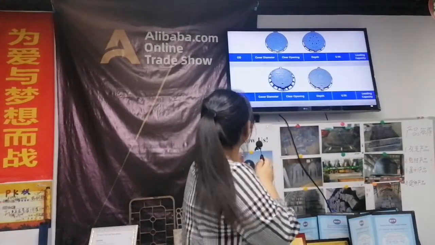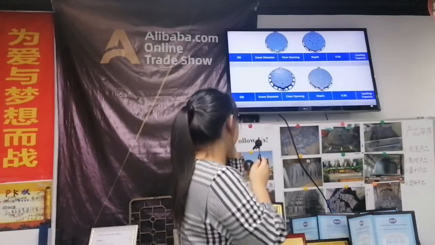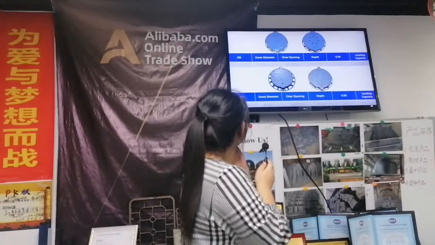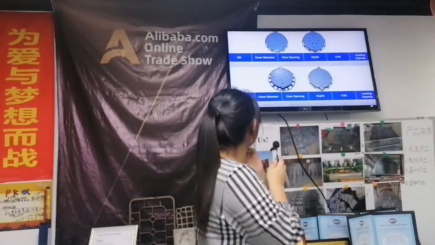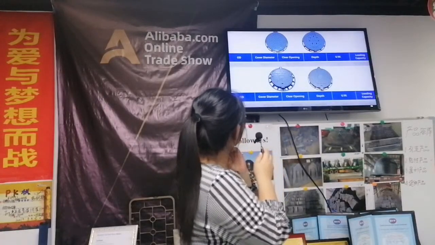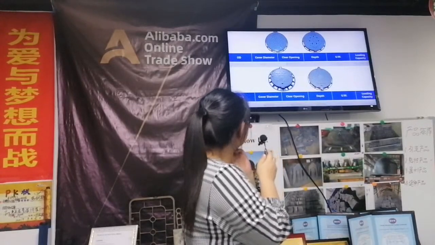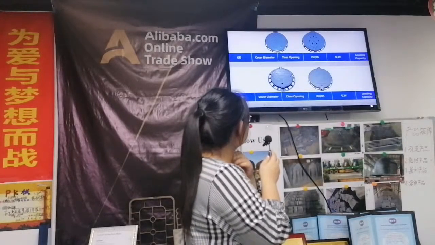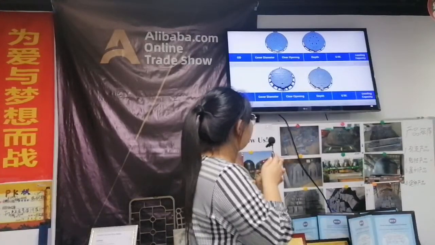Another example, if you purchase the outside diameter of 650 mm, the cover diameter is about 530 mm. Clear opening is 510 mm. Depth is 100 mm.